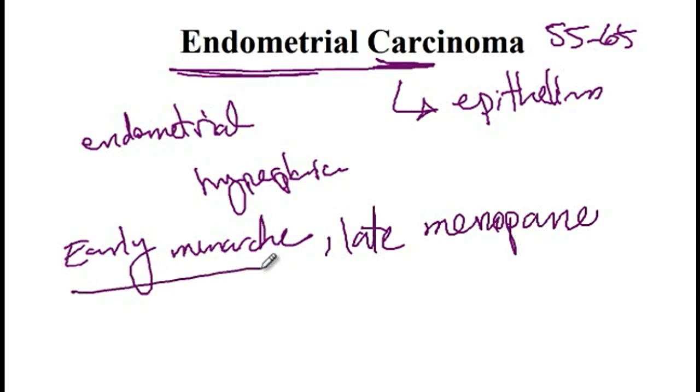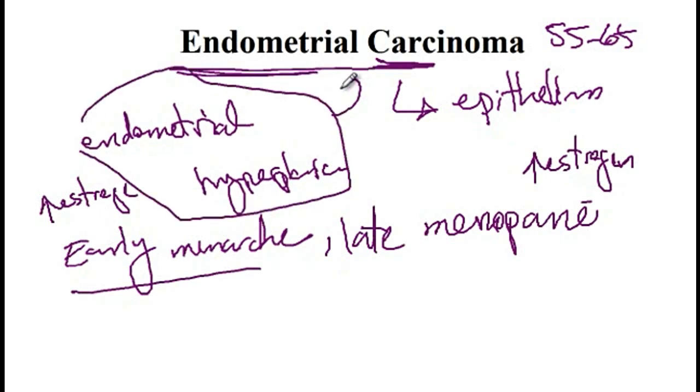So if a patient has early menarche, then there would be early increased levels of estrogen. And if they have a late menopause, again, they will continue to produce estrogen for a longer period of time. So any of these conditions, because they are causing increased estrogen production, can cause endometrial hyperplasia and thus increase the risk of endometrial carcinoma.